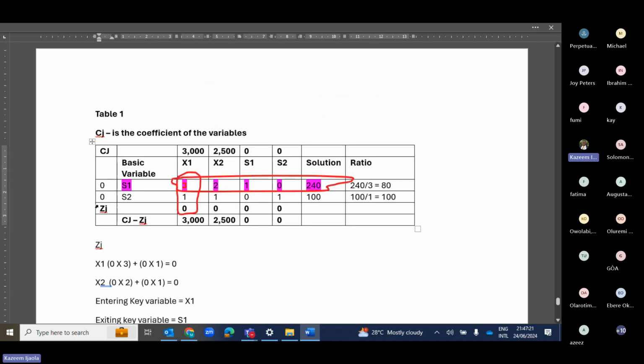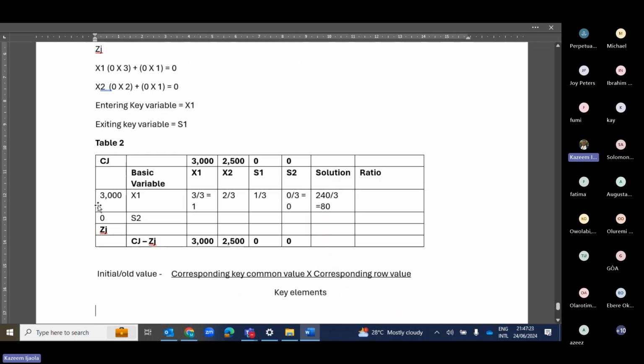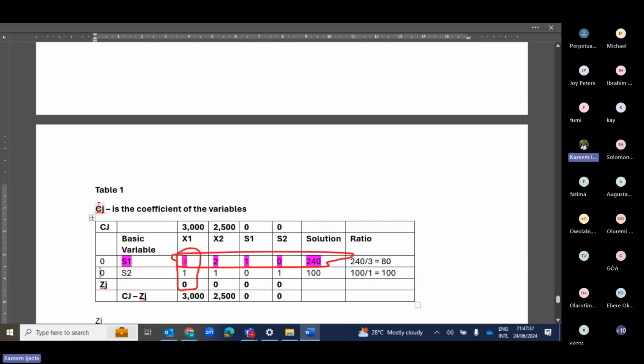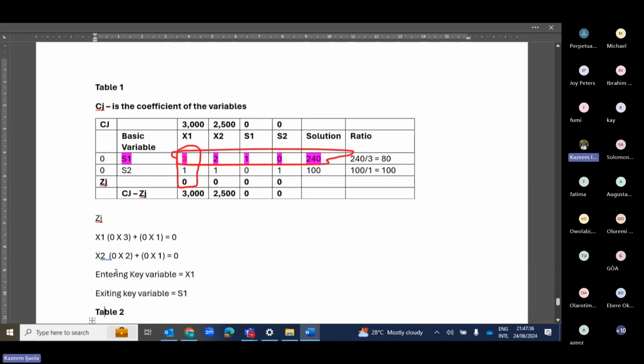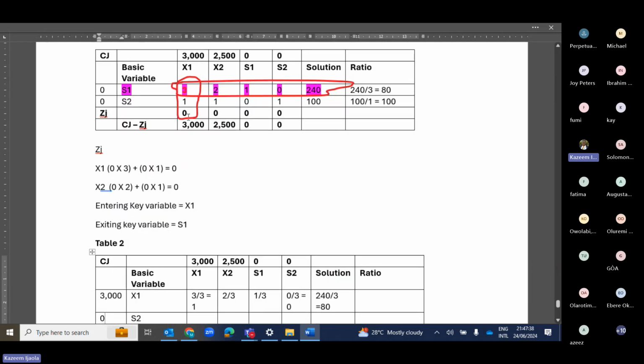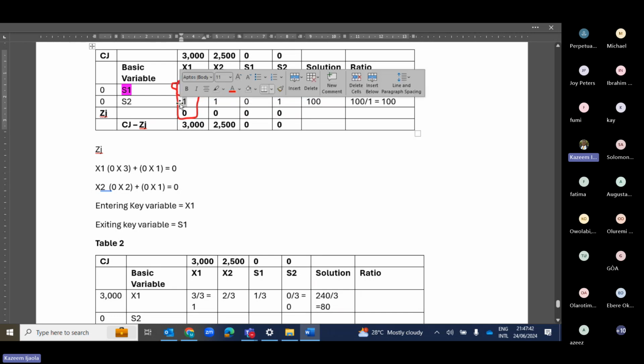So let's do it now. Let's do X1 first. For X1, you are picking your initial or old value. My initial or old value is this 1, which I need to replace. For S2, my initial old value is this 1.